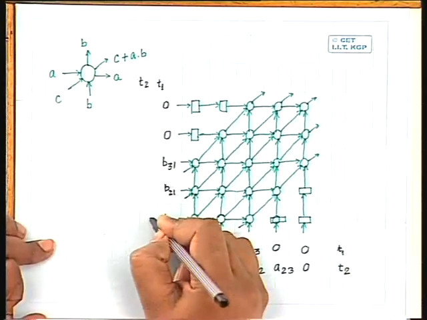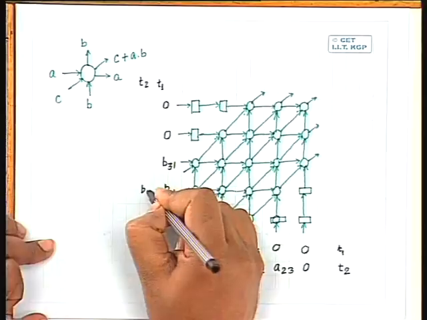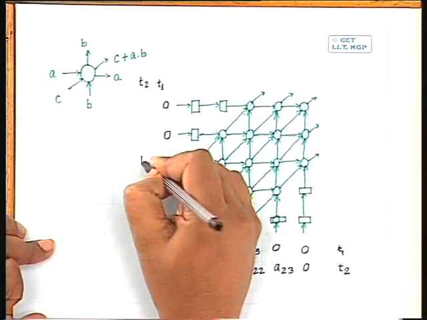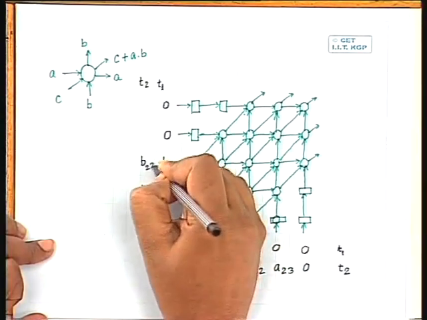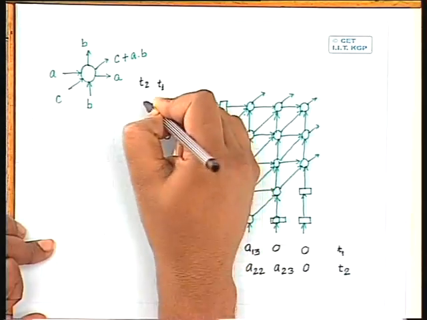Okay. So this will be 0, B12, B22, B32, and this input will be 0.